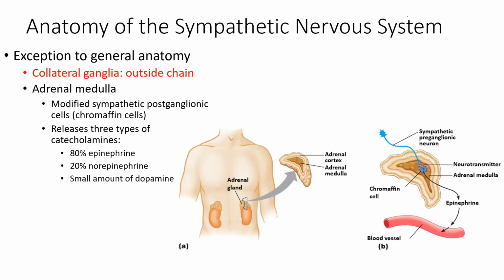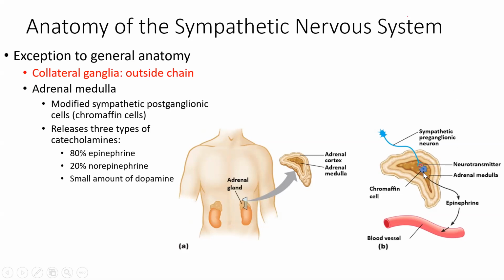They're relaying that communication from the preganglionic neuron out to the effector tissues, but they're using hormones instead of actual neurotransmitters. So we can pretty much compare a chromaffin cell to a postganglionic neuron. In fact, a lot of scientists have proven that if you take a chromaffin cell and put it in the correct medium, it will begin to grow axons. It is pretty much a neural cell at its origin, and it behaves just like a postganglionic neuron.